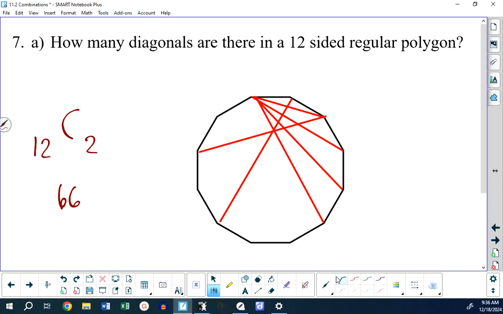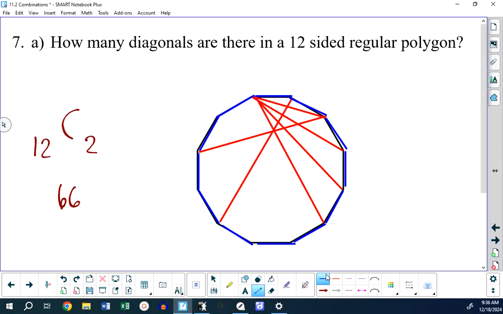Why is that not the number of diagonals? Is it because there's 12 ways that you cannot? Right. There are 12 sides to this polygon, and this that I'm going to draw in, I think it will be blue, all of these 12 sides are a pair of vertices.